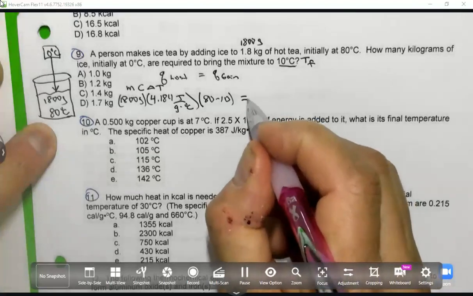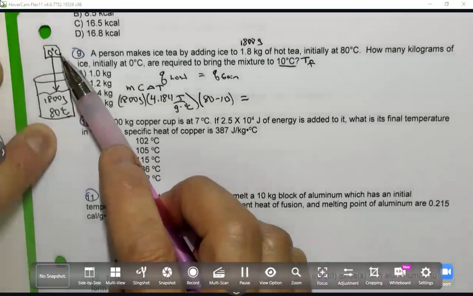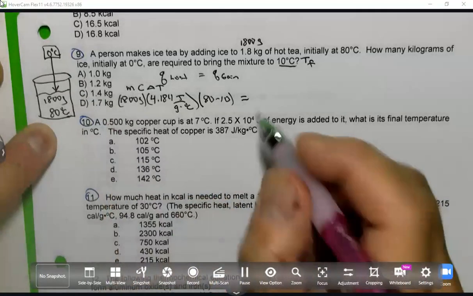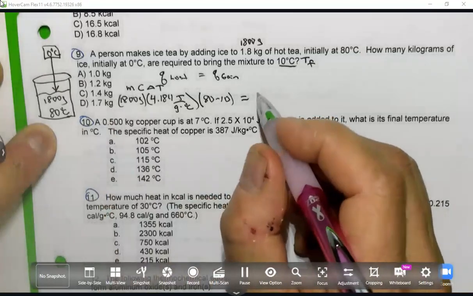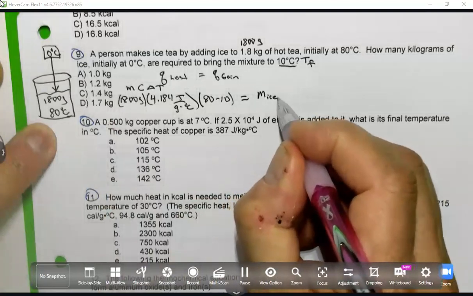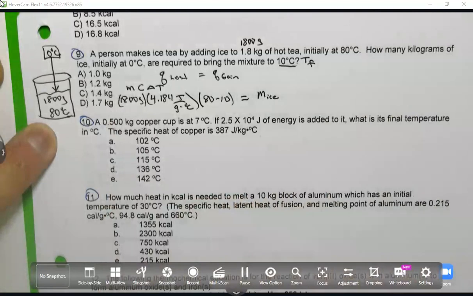Well, what's going to happen is you first have to melt your ice. You have ice at 0 degrees. So you want to calculate the mass of ice here, and you need to melt it.